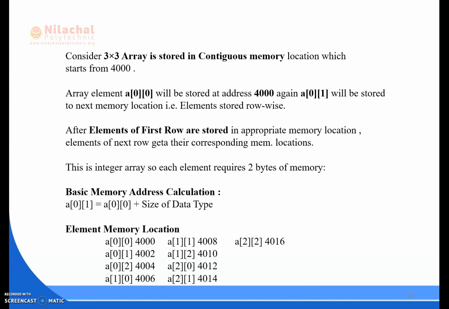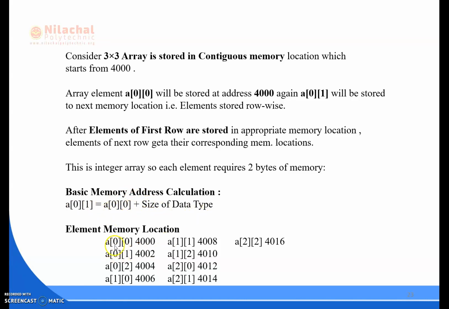After the elements of the first row are stored in appropriate memory locations, elements of the next row will be stored in their corresponding memory locations. So how do we find the basic memory address calculation? The memory address for the next element will be the previous element's address plus the size of the data type.